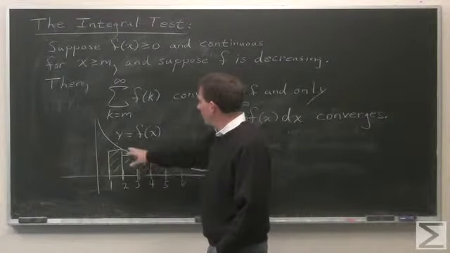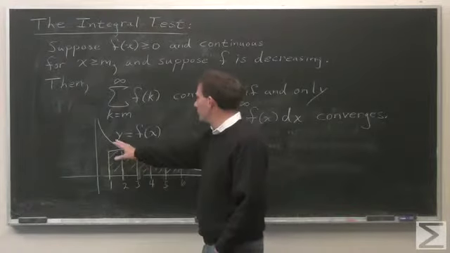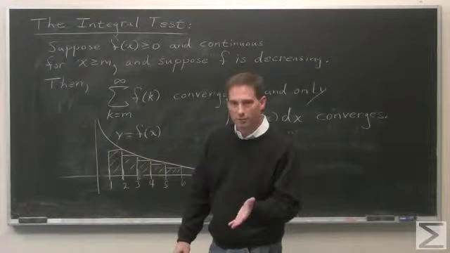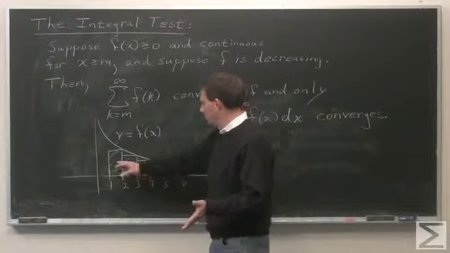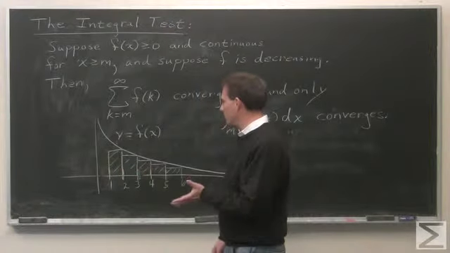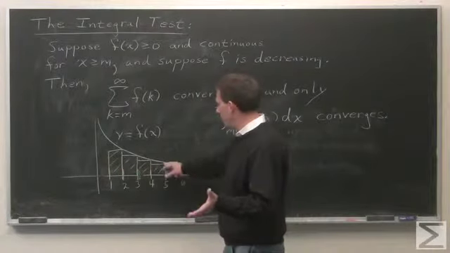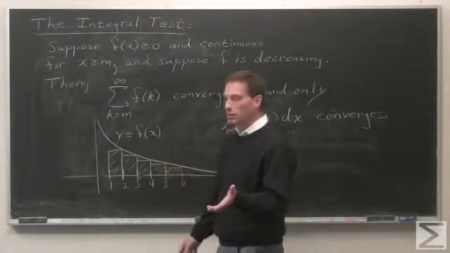And if the integral converges, then the area under the curve is finite. But these rectangles are inscribed, which means the sum of their areas is bounded above by the integral.